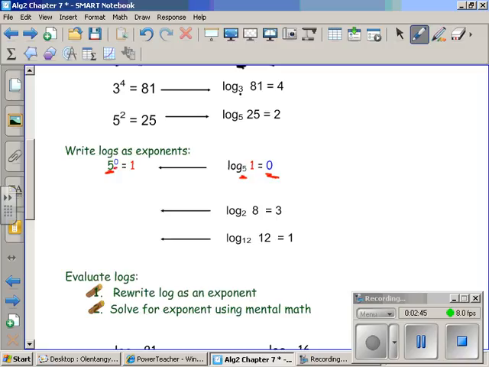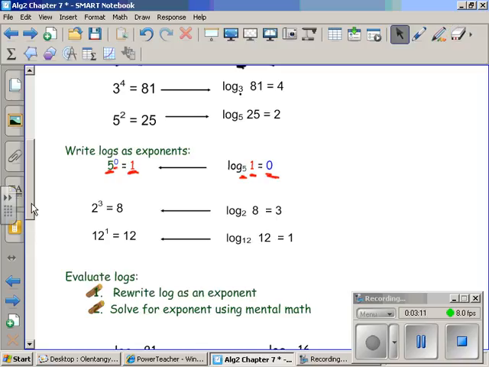Okay, and the result goes there. So log base 2 of 8 equals 3 would be 2 to the 3rd equals 8. Another way to write it. Okay, log base 12 of 12 equals 1 means 12 to the 1st equals 12.